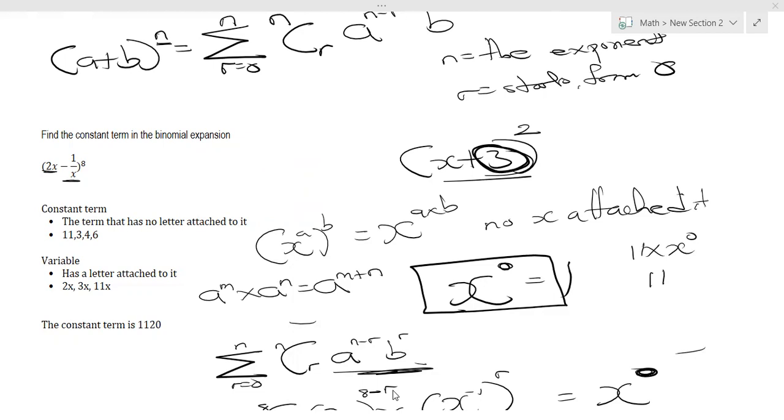Okay, so I'm just going to expand 2x plus 1 over x raised to power 8. I'm just going to do that and see what we get. Let me show you.